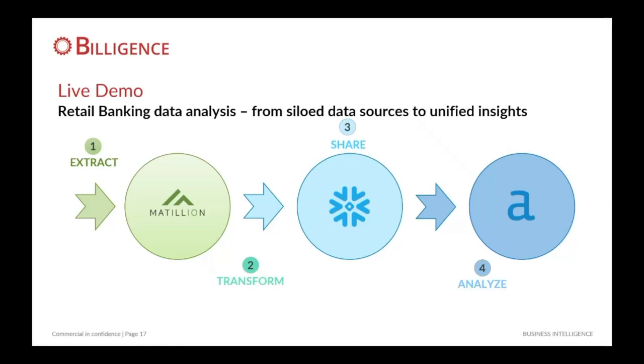So let's say build a kind of reporting layer in Snowflake on top of the raw data, and then perform live sharing so that we have a look at how quickly and easily we can share data in Snowflake, and then finally analyze it on the right-hand side with Alteryx. So that's what we're going to do, and let's jump directly into it.